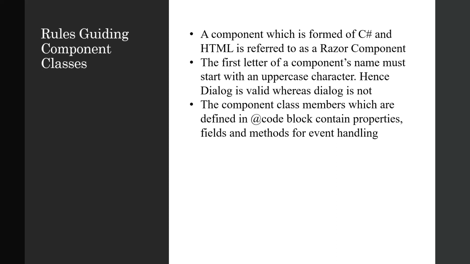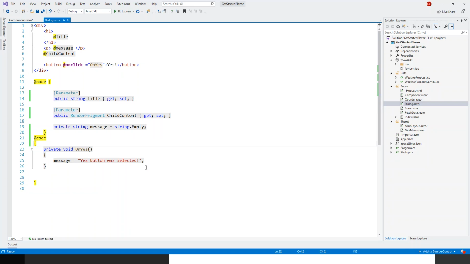So let's recall our previous experience and switch over to Visual Studio. I have created a Dialog component in one of my previous courses, and if you look at this, there's this @code block, and it contains the Parameter attribute. This Parameter attribute decorates the public properties as if they are the parameters of this component.